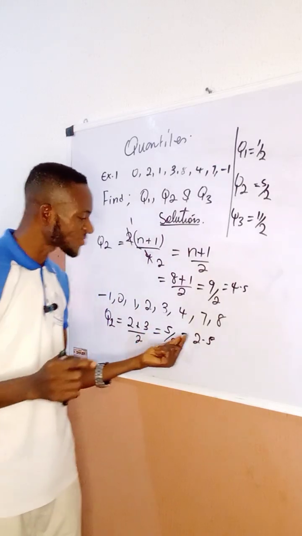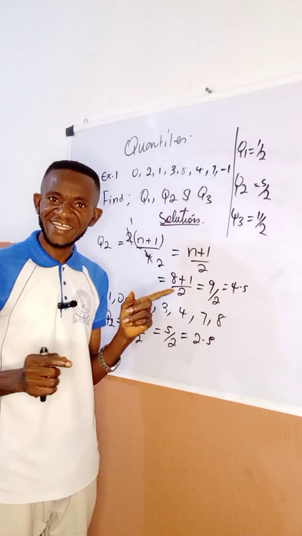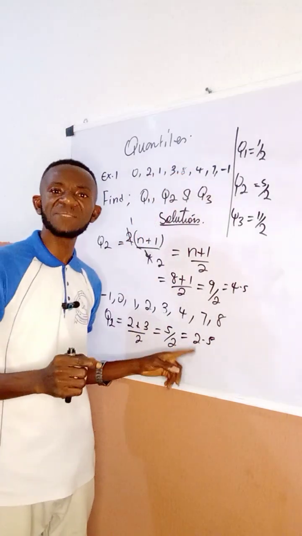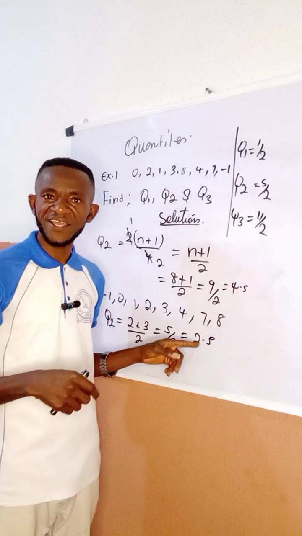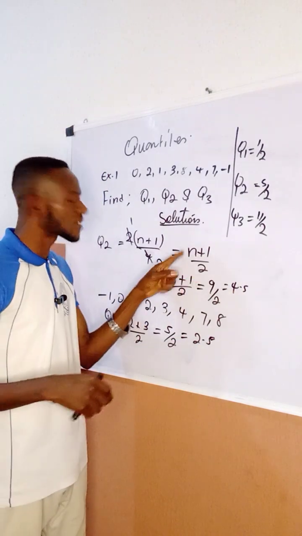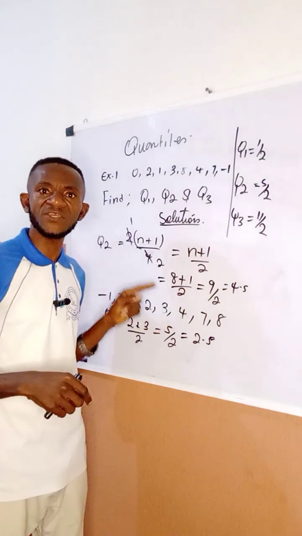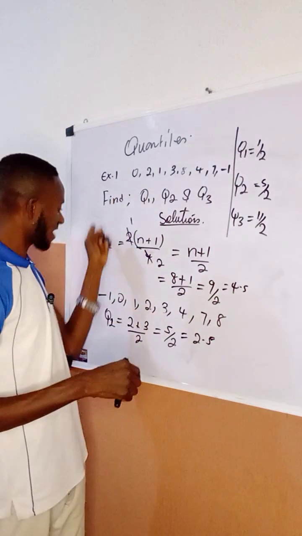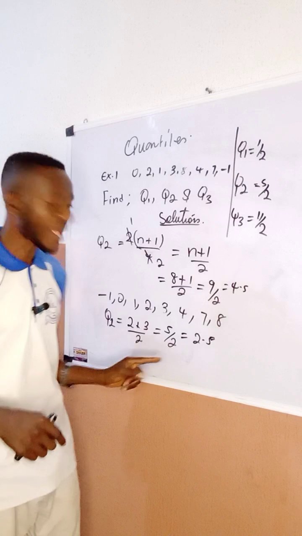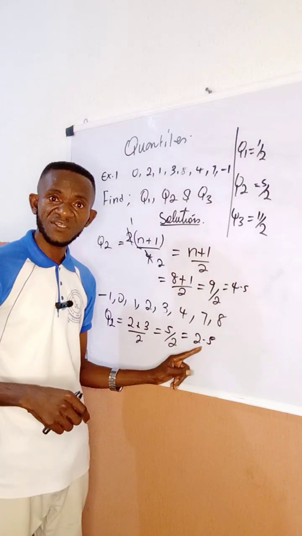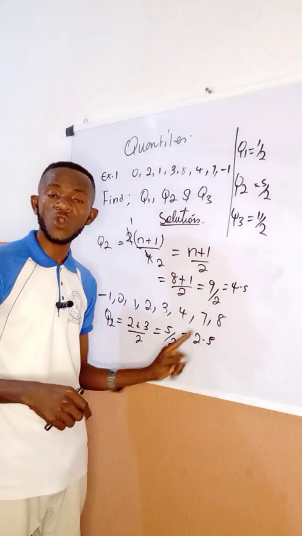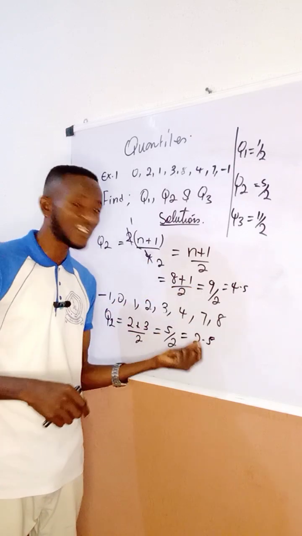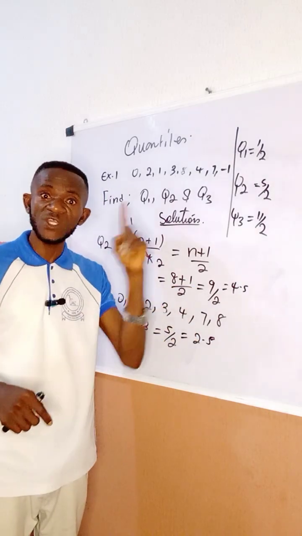Now, we have seen that 2.5 is another data value that now acts as the median, the value at the center. So for you to use this formula to find your Q1 and Q3, you are going to assume that you no longer have 8 observations, but 9 observations, because 2.5 is also an observation here, the number that divides the data set into 2 equal halves.